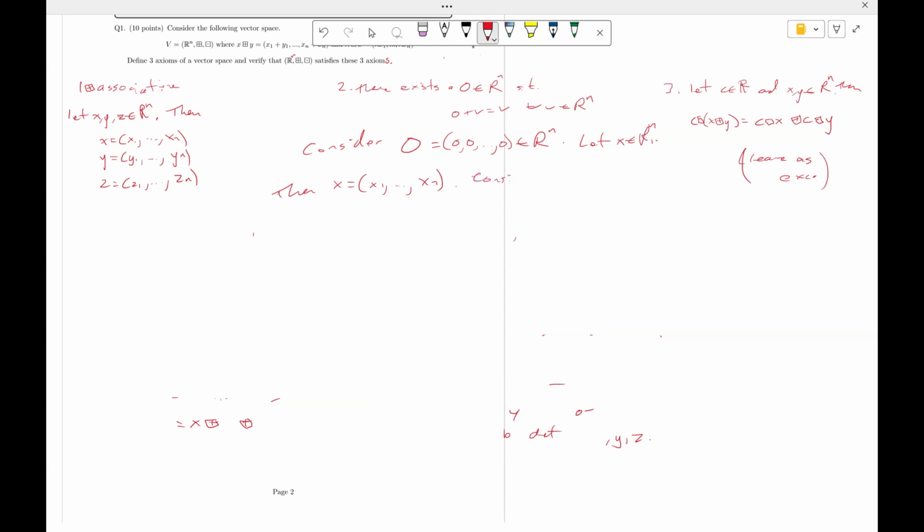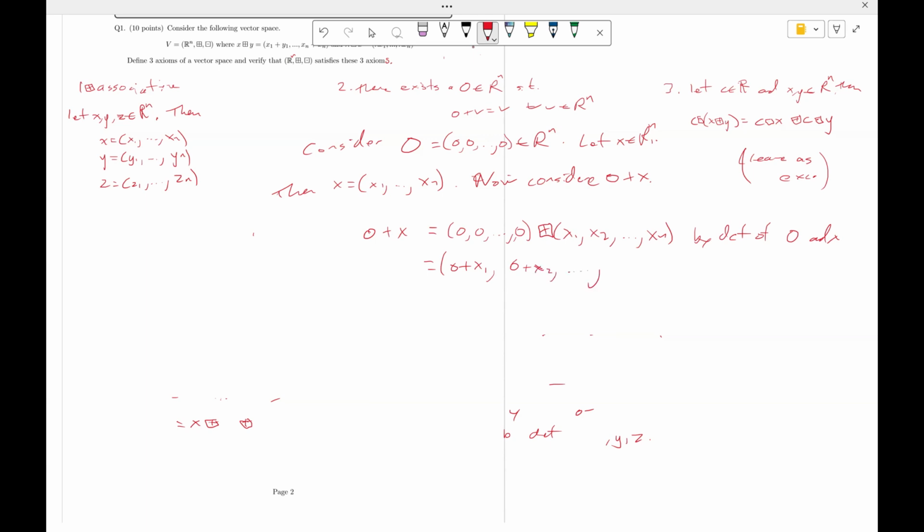Now consider 0 plus X. Well, 0 plus X equals (0, 0, up to 0) plus (X1, X2, up to Xn) by definition of 0 and X, which equals (0 plus X1, 0 plus X2, 0 plus Xn), and this here is a box plus, but this here is our scalar addition.